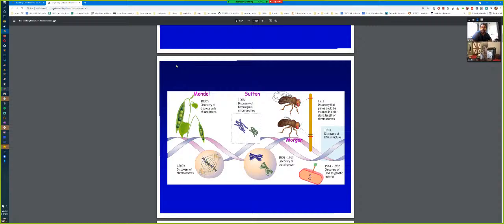Yeah, but how were they able to find chromosomes? Using a regular light microscope, you can still see chromosomes during metaphase. Yeah, but you can't see anything else after that, right?